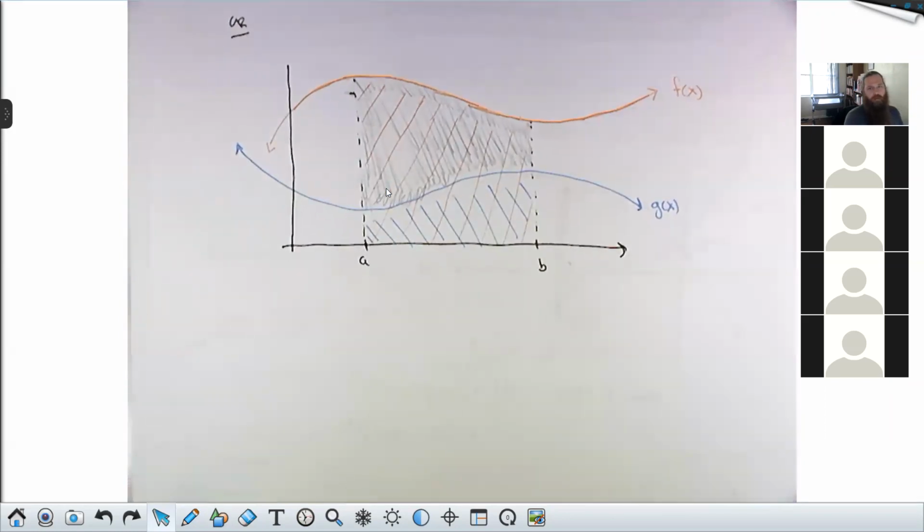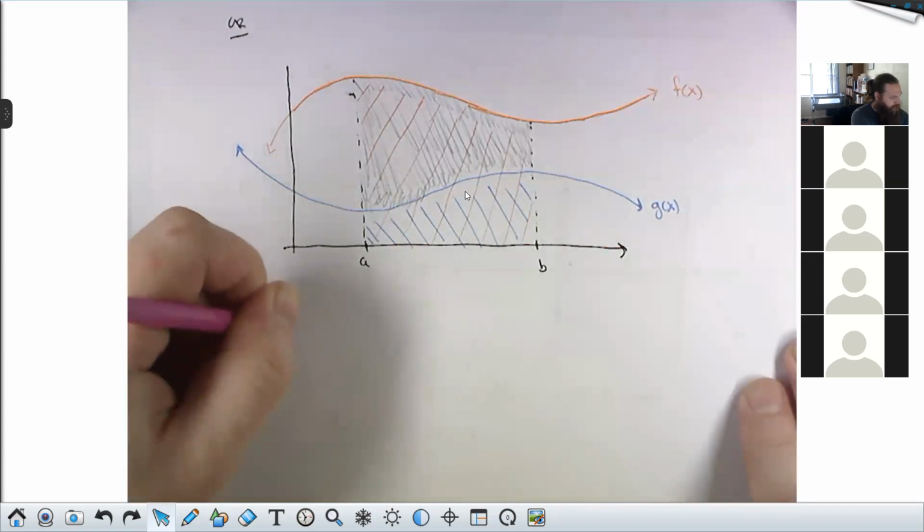And you can see that the pencil shaded area, which is what I want, the area between the two curves, is equal to all of the orange area minus all of the blue area. Intuitively, this is how I like to think of it, but it only works if the functions are positive.